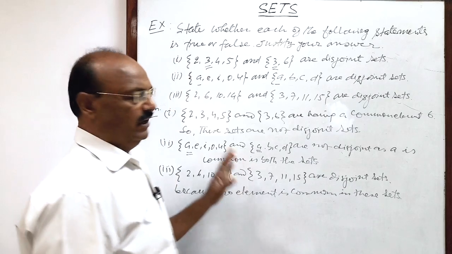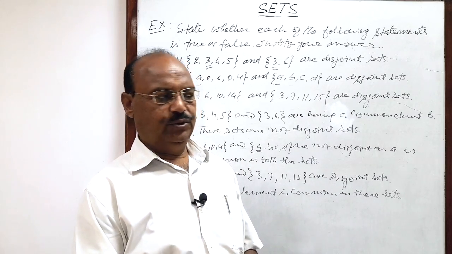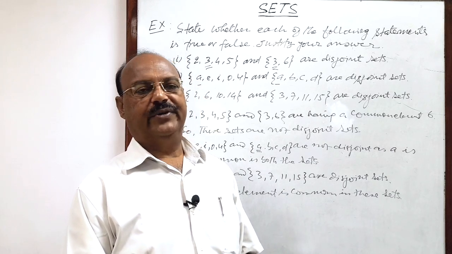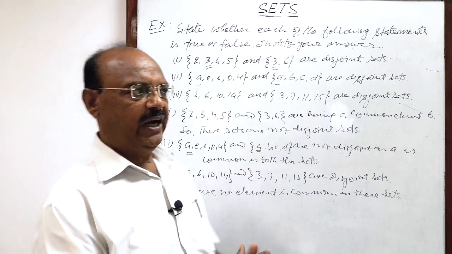So I hope you have understood how we can justify whether two given sets are disjoint sets or not disjoint sets. So students, please keep watching these videos and enjoy learning mathematics.